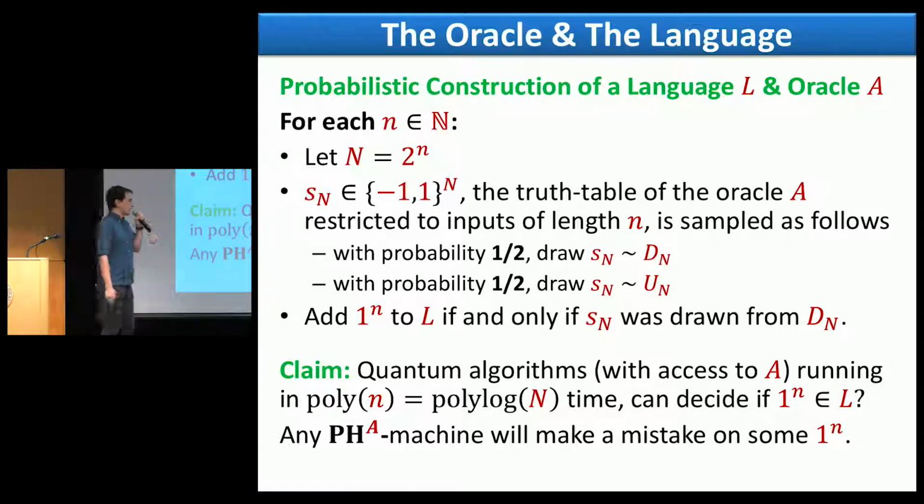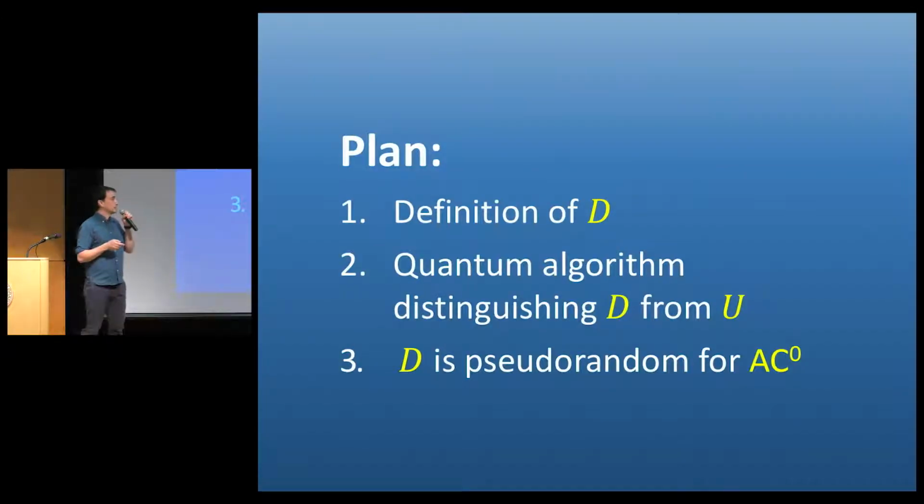All right, so this is a proof sketch just to connect the dots, but we will focus now on this pseudorandom setting. We would focus on defining this distribution D, the correlation distribution, showing that there exists a quantum algorithm that runs in logarithmic time that can distinguish between this distribution and the uniform, and then showing that this distribution is pseudorandom against shallow circuits.